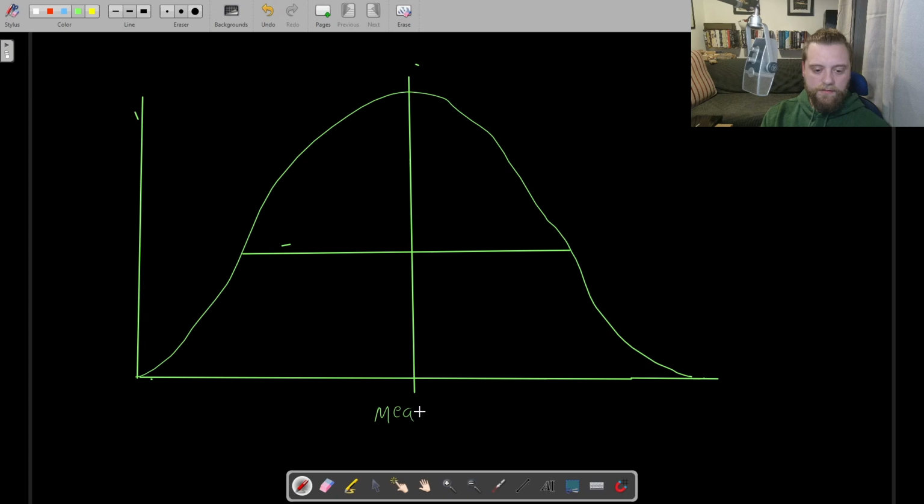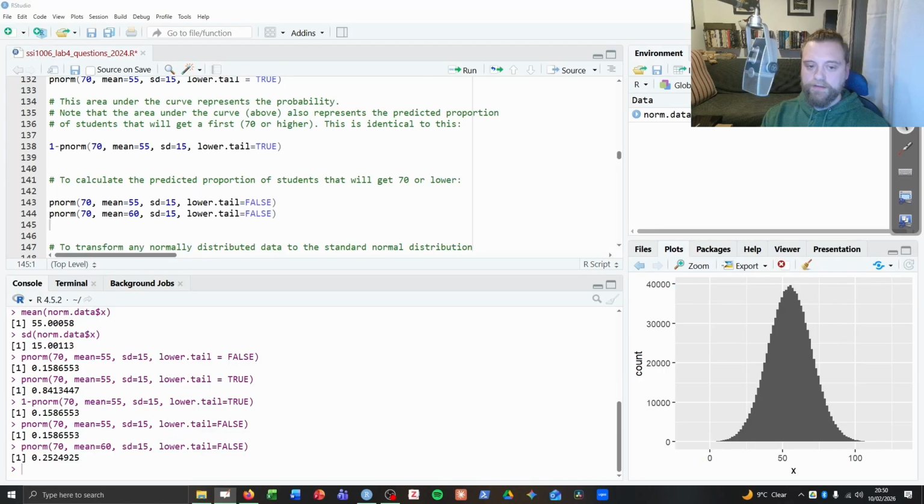The mean on the standard normal distribution is 0, and the standard deviation is 1. Why is this interesting? Let's look back at this.